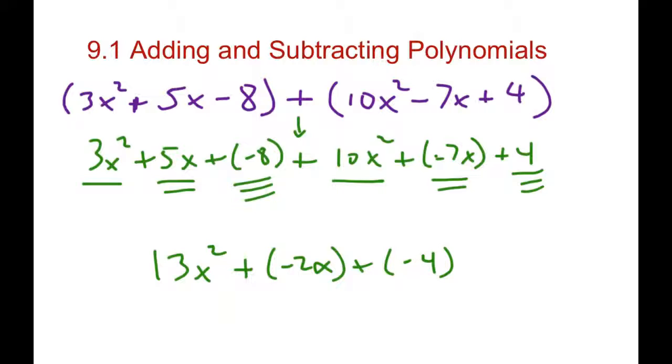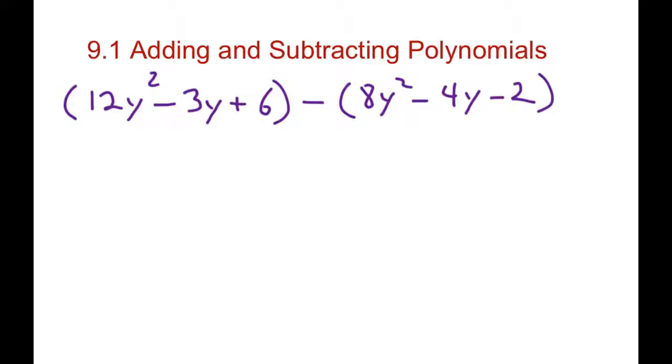If I don't want to have the plus negatives, I can always change it to 13x squared, I'm sorry, not plus, minus 2x minus 4. Okay, and we're writing it in descending order with our exponents. So x squared, then x to the first, and then essentially x to the 0 power.